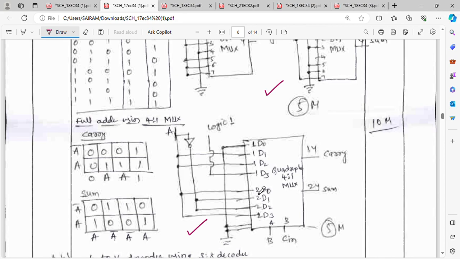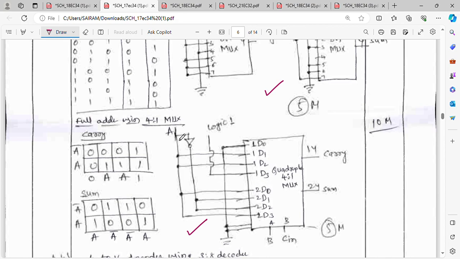I hope you know with respect to the decoder, we have discussed one thing. What did we discuss in the decoder? We had the 74139, a 2:4 decoder, and those 74139 2:4 decoders are clubbed together to form a 3:8 decoder. I hope you got that, right? It is the same way here, this diagram.